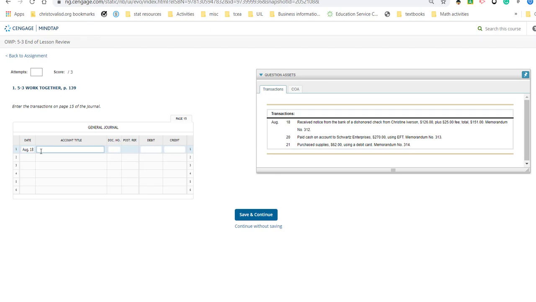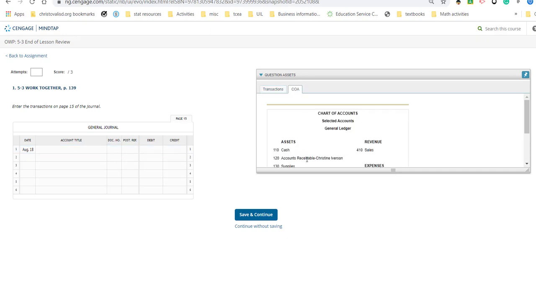So we need to figure out what our two accounts are. Well, we're lowering our cash. We're lowering our cash because that money was no longer deposited. So that's going to become our credit. Our debit is going to be our accounts receivable, Christine Everson.